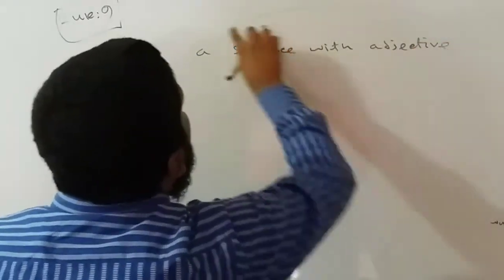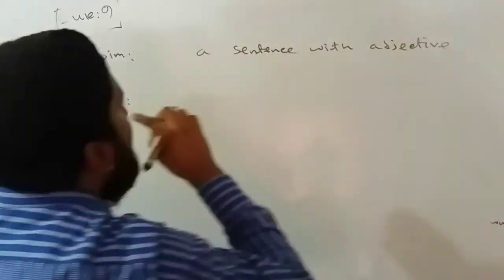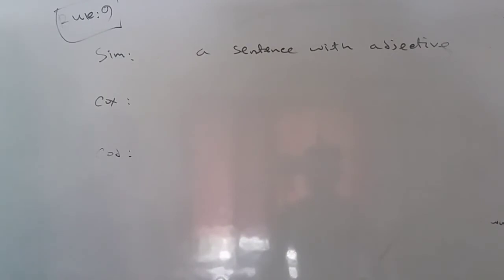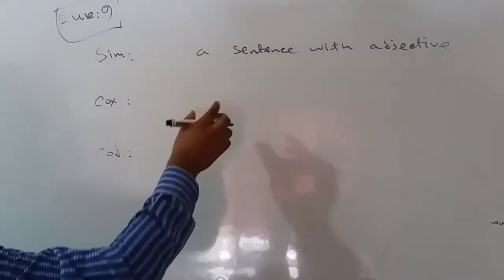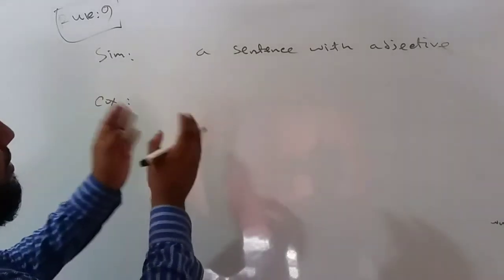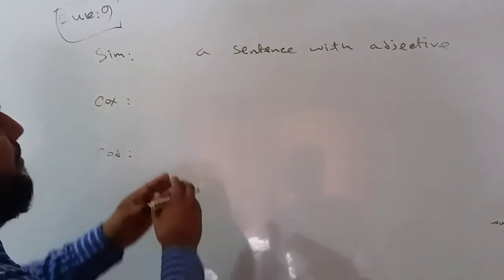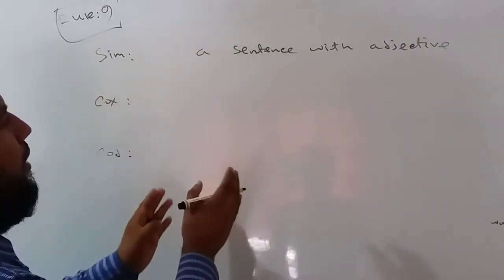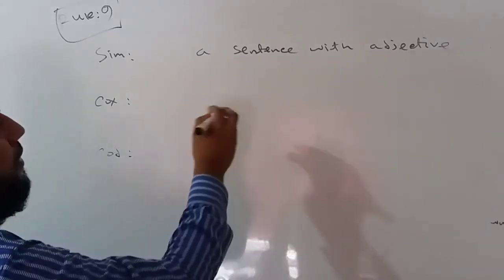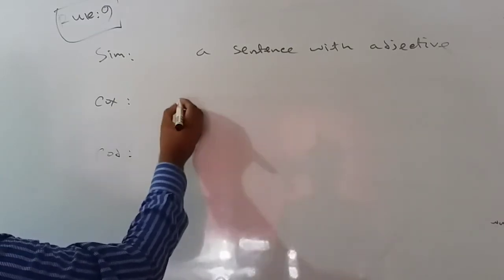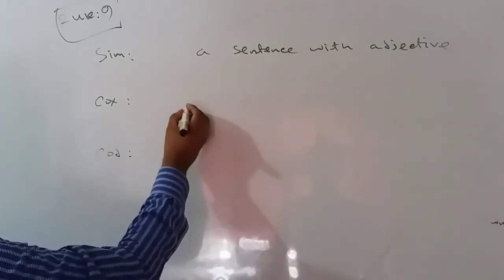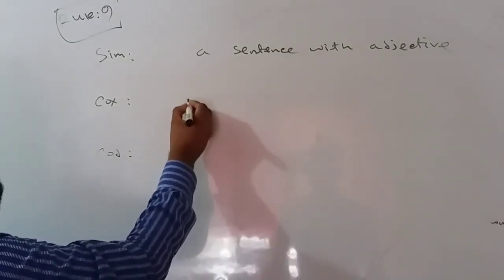In simple, you will find a sentence with adjective. For doing complex, you will have to divide the sentence into two parts, so you will have to write two clauses. From the adjective you will have to make another clause.